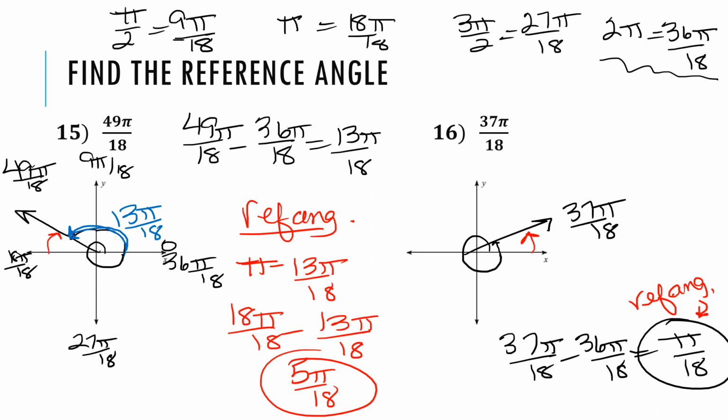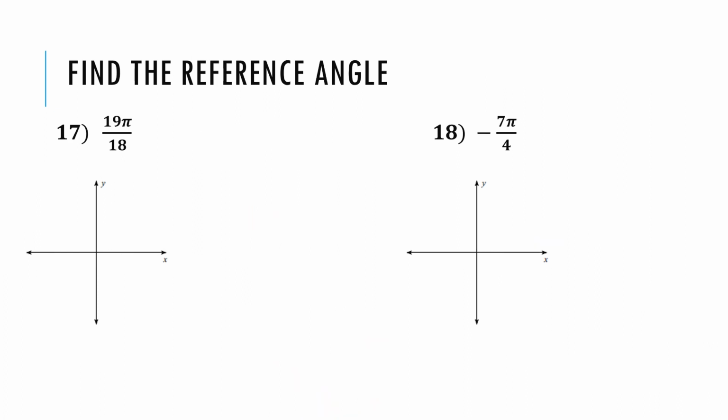All right, couple more, gang. We're almost done. The next one is 19 pi over 18. Find the reference angle. Okay, we've already done the pi over 18s. We got those. So let's sketch that one. Remember, pi is the same thing as 18 pi over 18. So I need to go a little bit past pi. There's 18 pi over 18, 19 pi over 18. So there's 19 pi over 18.